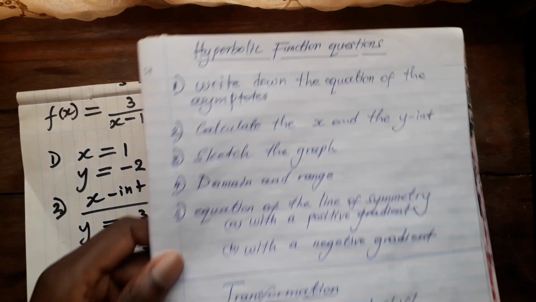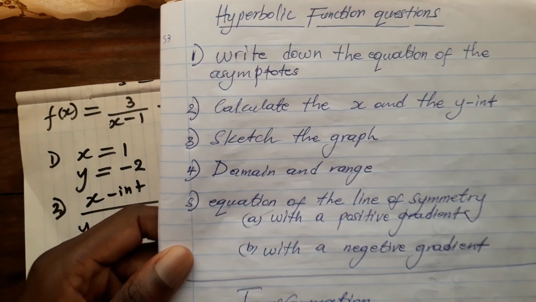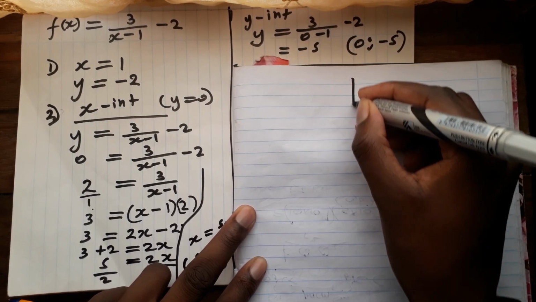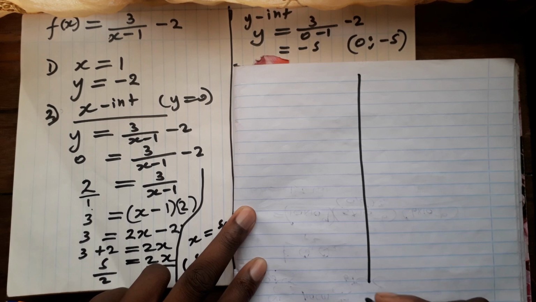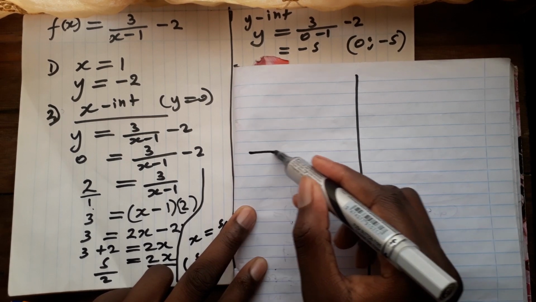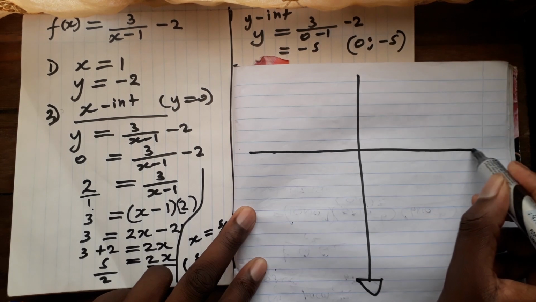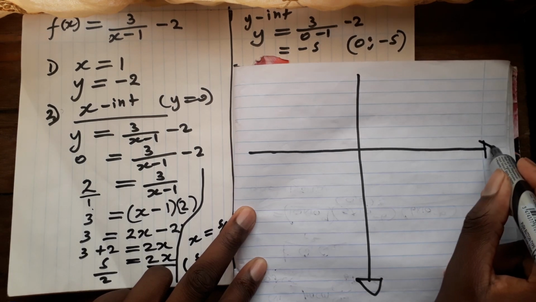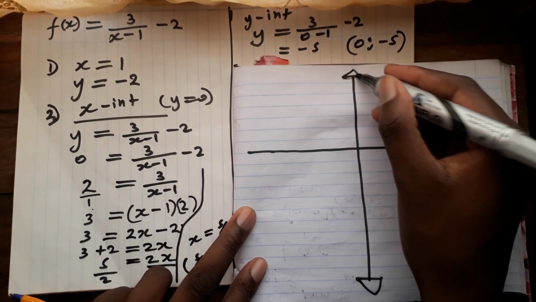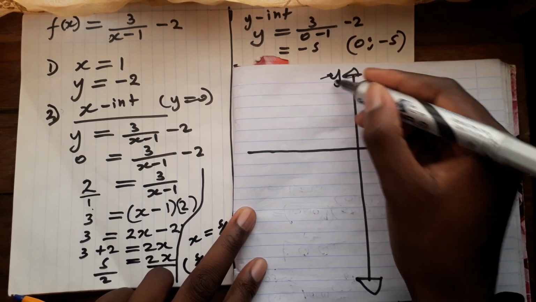which says sketch the graph. How do we sketch the graph? We're going to have our Cartesian plane like this. This is the y.